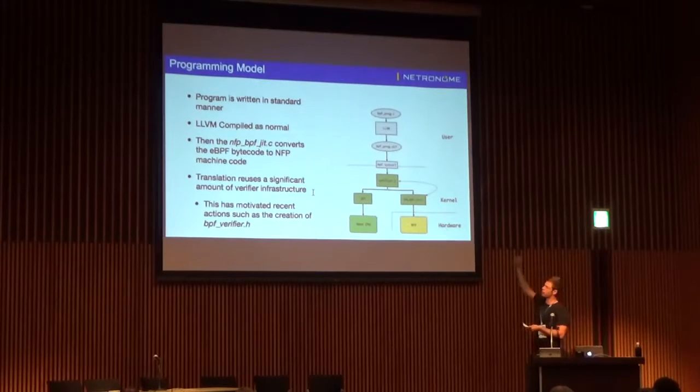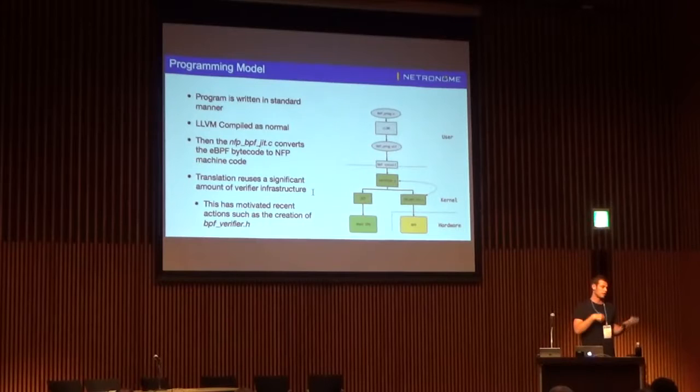We're reusing a lot of the kernel infrastructure, a lot of the verifier infrastructure that's already there, within our JIT. That's motivated some of the recent actions which Jakub will go into in more detail, like the creation of bpf_verifier.h, because that means we can reuse a lot of the infrastructure. So this is really the start, the overview. Jakub will now go into the depth and explain exactly what we've upstreamed so far, what the next plans are, and where we're going.